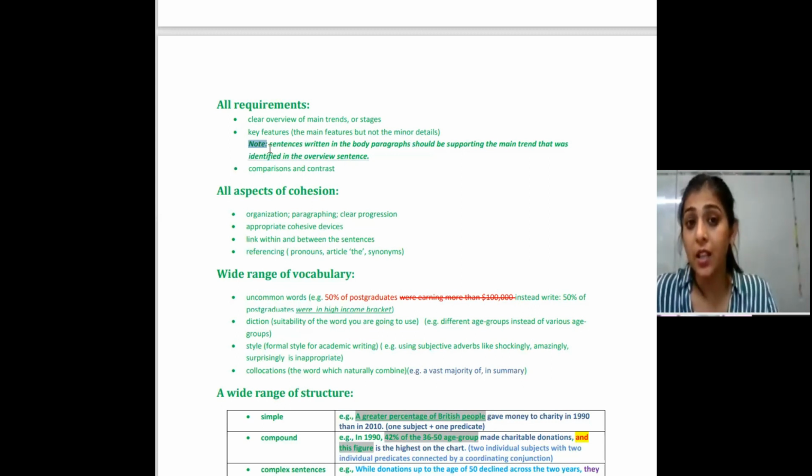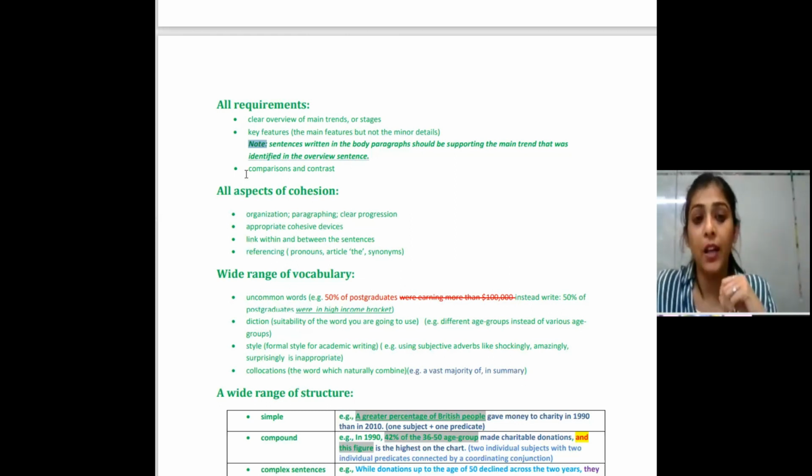Then, what about the key features? Key features are the main features. In the body paragraph, they should not be minor details. The main information in the body paragraph are the sentences which support the main trends written in the overview paragraph. This way you can draw a clear cohesion and organization, and that's what your examiner wants.